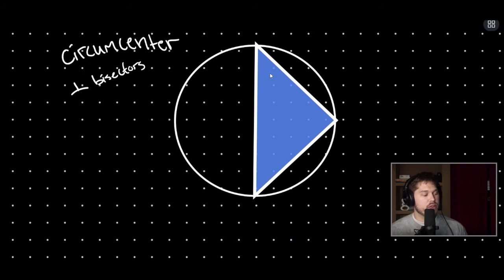Here we have a right triangle. Again, we want to find the midpoints. That looks to be the midpoint. That looks to be the midpoint. And this looks to be the midpoint. And then we can draw our perpendiculars.